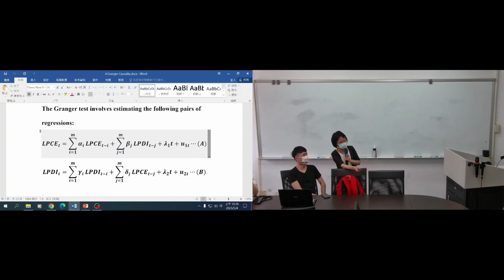Not T, just T. Lambda is coefficient, and T is the variable. You can see a lot from time series models.